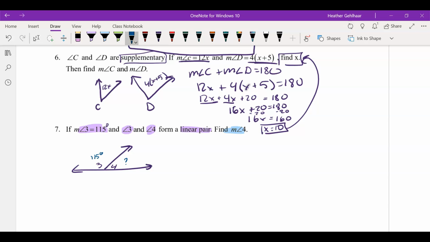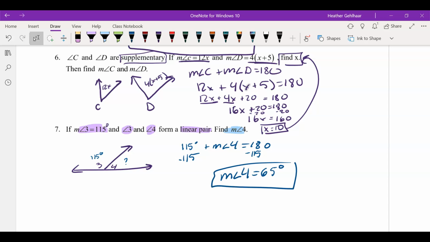We don't know what angle 4 is, but if we do 115 degrees plus the measure of angle 4, it will equal 180 degrees. So I'm going to subtract 115 over, 180 minus 115. We will get the measure of angle 4 equal to 65 degrees. All right, and there you have it.